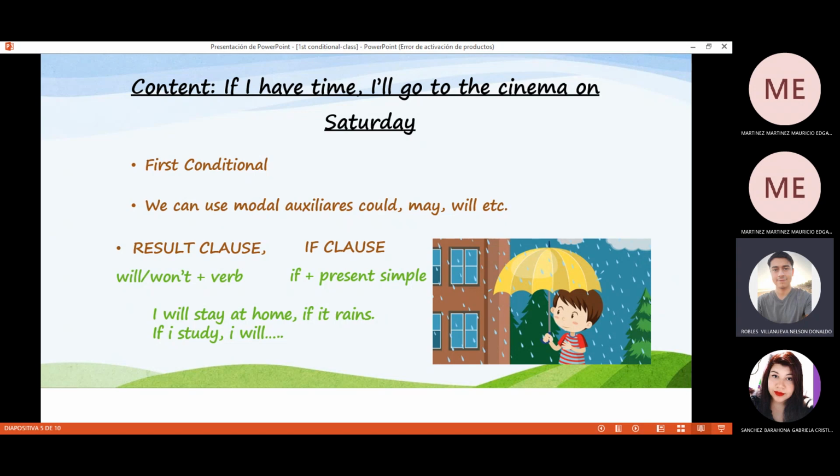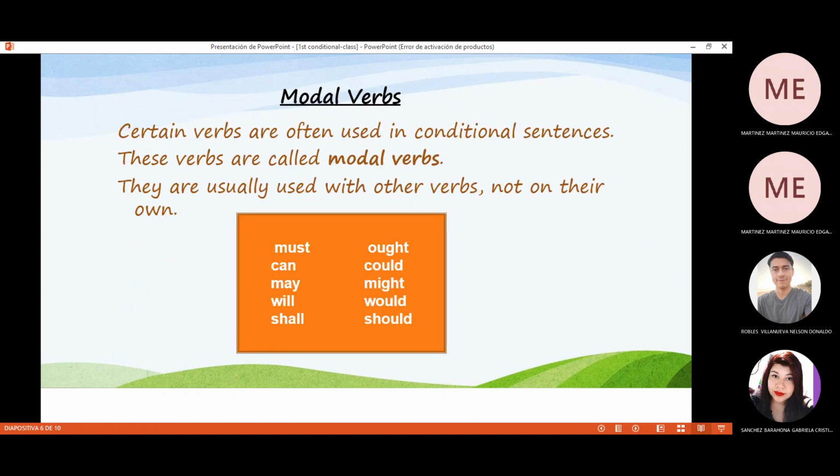If I study, I will pass the semester. And last example, I will have a headache if I play video games at night. Okay, that is completely true. So, with just the first clause, you can give a lot of information: if I study, I will pass the exam; if I study, I will get good grades. That's nice. I will move to the next slide.